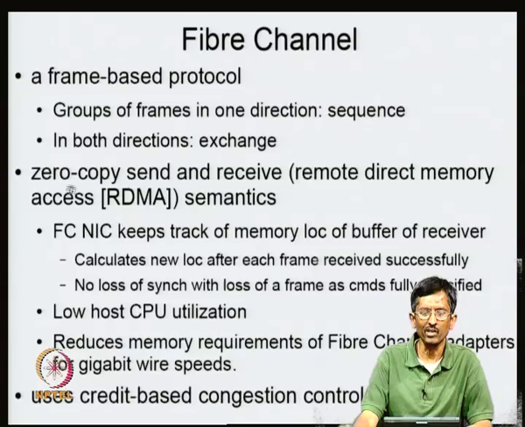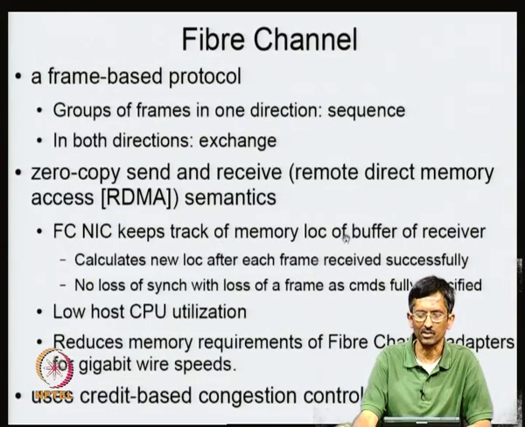So, you can avoid extra copies. After one frame is transferred, the fiber channel network interface card calculates a new location for the next frame, and it does this every time. Therefore, it can always keep track of the location.